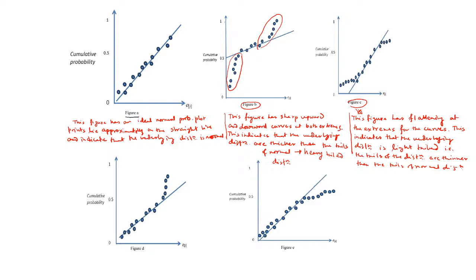Okay, and I already discussed this type of figure D. This indicates a positively skewed distribution.